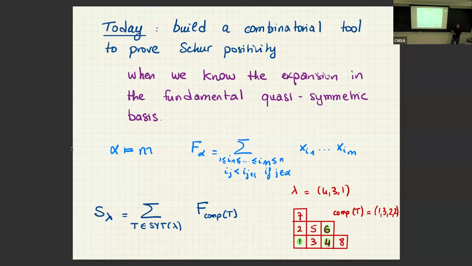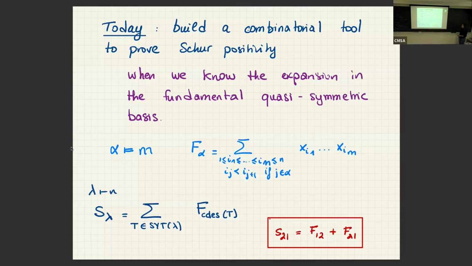Okay, and I can get back my Schur polynomial by summing on all the standard Young tableau with this descent set. And so, for example, if I want to compute the Schur polynomial of 2, 1, okay, we have 2 standard Young tableau of shape 2, 1, and one will have descent composition 1, 2, and the other 1, 2, 1.